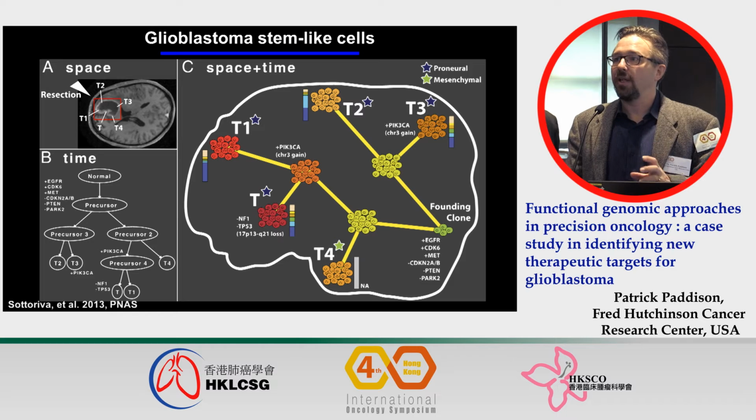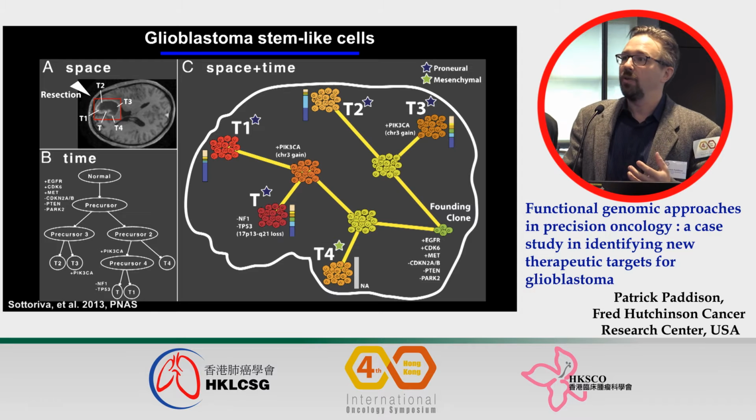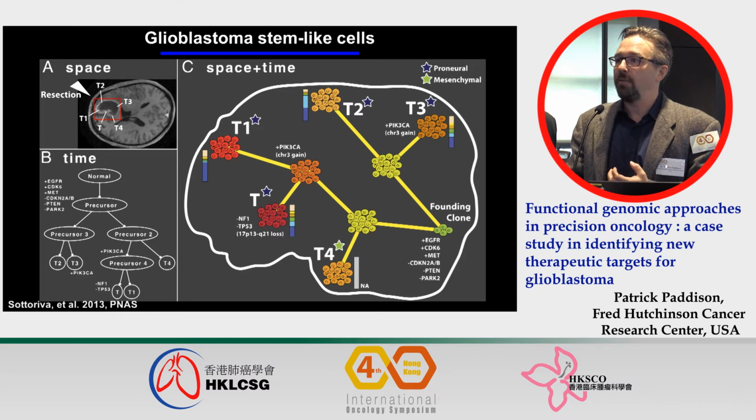So if you look at the original patient tumor, this is a simple resection study where they're taking these sections out of the tumor and then doing a simple mutation profile and trying to look at clonal analysis and sort of infer what a founding clone mutation spectra might look like.